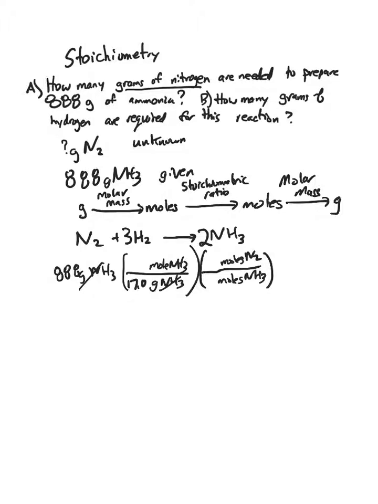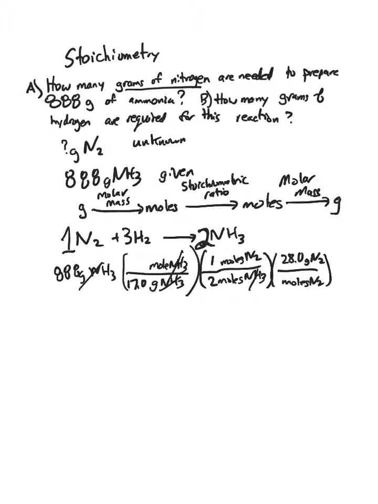And so my ratio is 1 mole of nitrogen to 2 moles of ammonia. Now moles of ammonia cancels. I've got moles N2, which I want to cancel, so that goes in the denominator. And I need the molar mass of N2, which is 28 grams of N2.